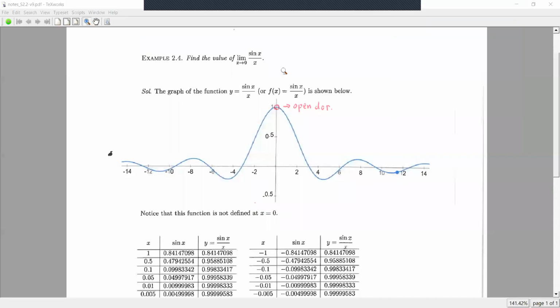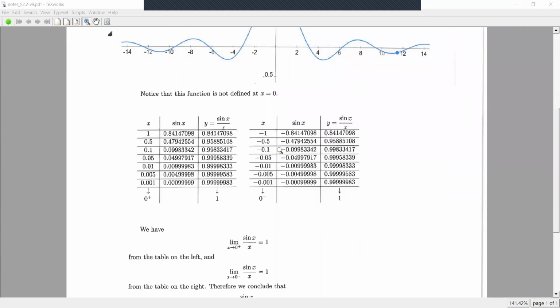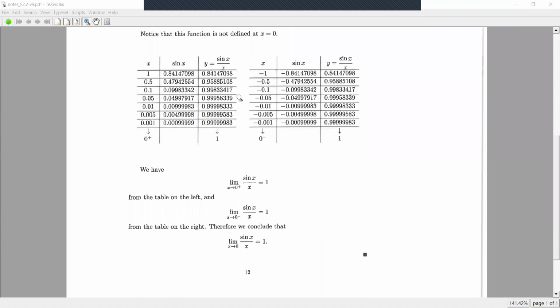We can also use tables to find the limit. Here are two tables. In this table, I let x approach 0 from the right by taking on these points. From the last column, you can see that as x is getting closer and closer to 0 from the right-hand side, the function value is approaching 1.